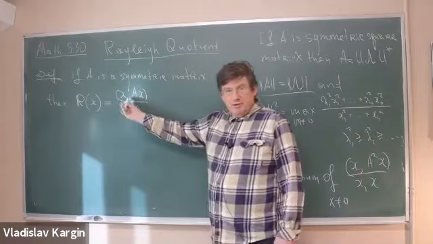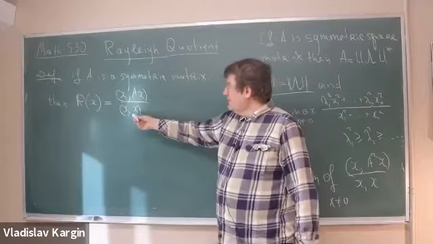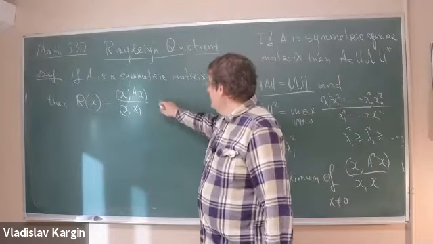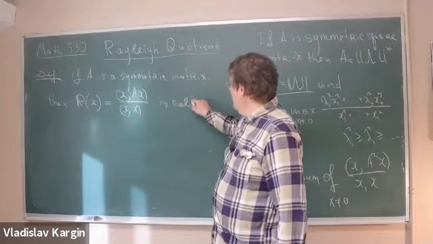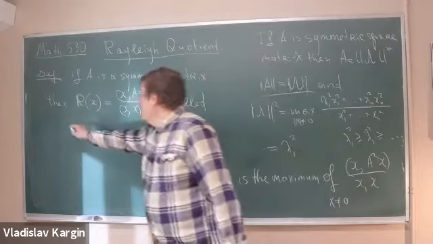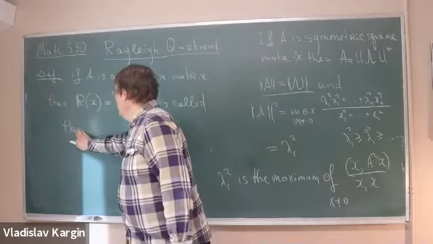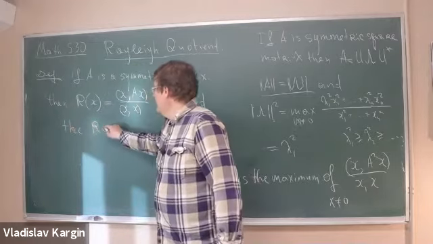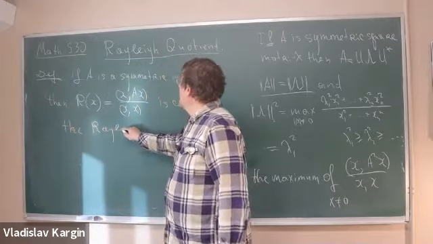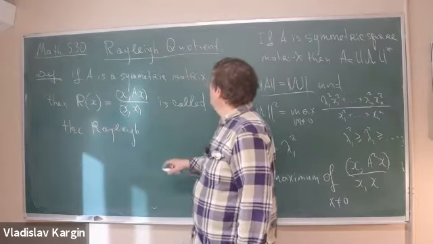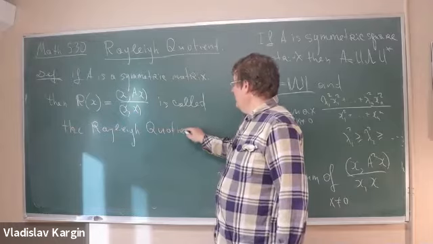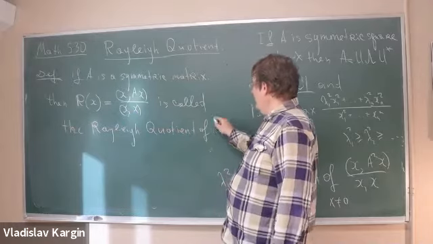This is a scalar product of x and Ax, divided by a scalar, the square of the length. It's called the Rayleigh quotient, or ratio quotient, of A.